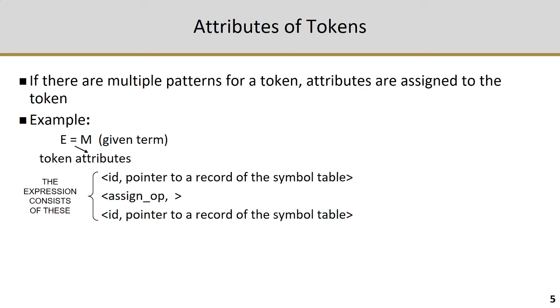The location of the symbol table description can be linked somehow to the token, for example, by a pointer to a record. And in some cases, for example, if we have an assignment operator, additional information is not stored. In this case, the description remains empty.